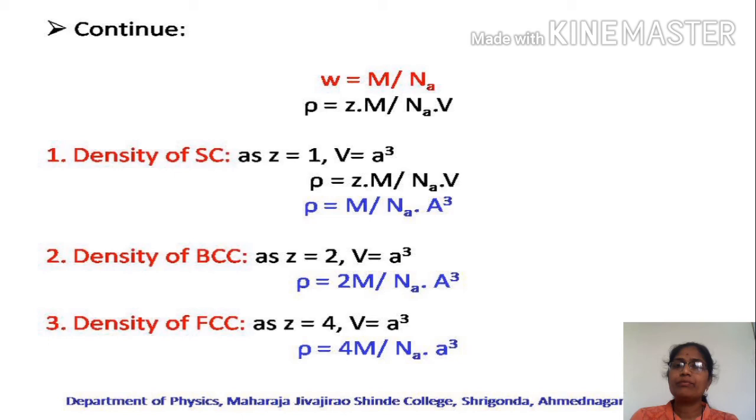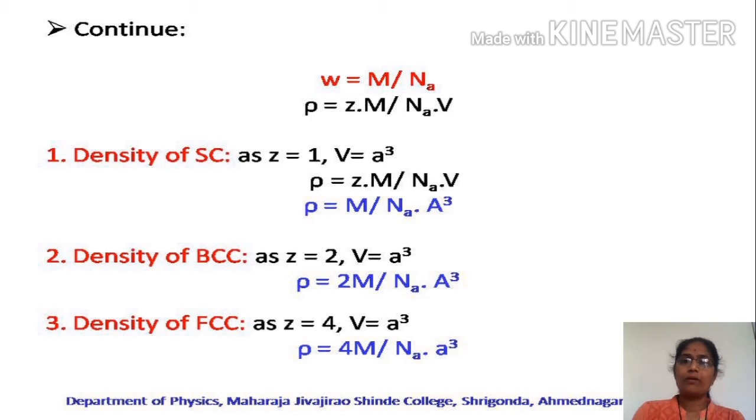Now we have to calculate the value of density for all these cubic crystals, that is SC, BCC and FCC. In order to calculate density of SC, you have to substitute Z value as 1. V is equal to a cube. It will not change in all cases, but Z value will definitely change.